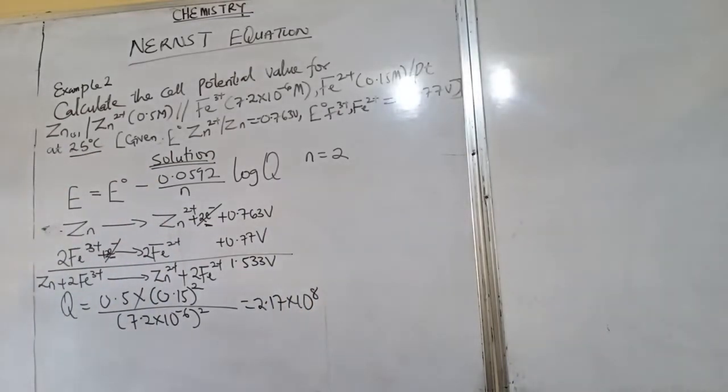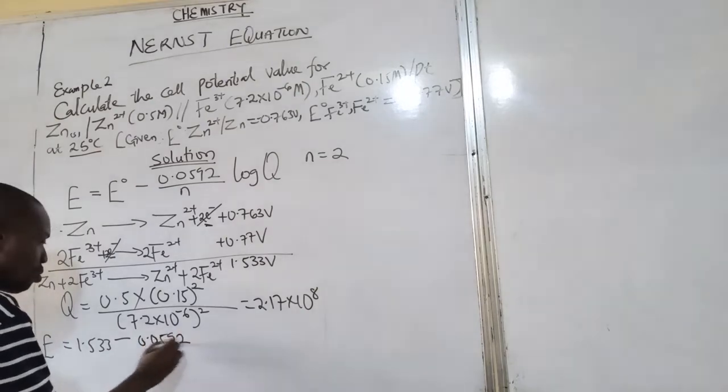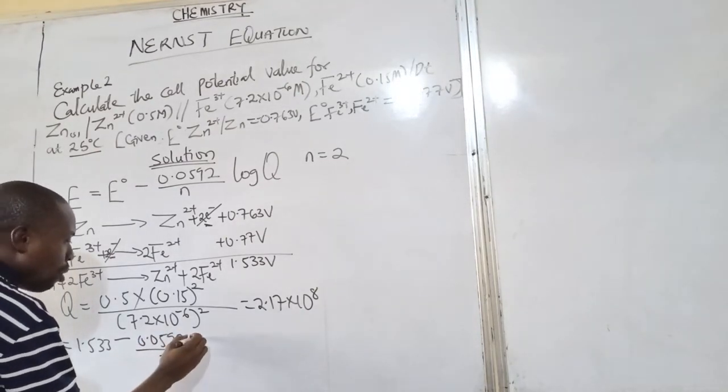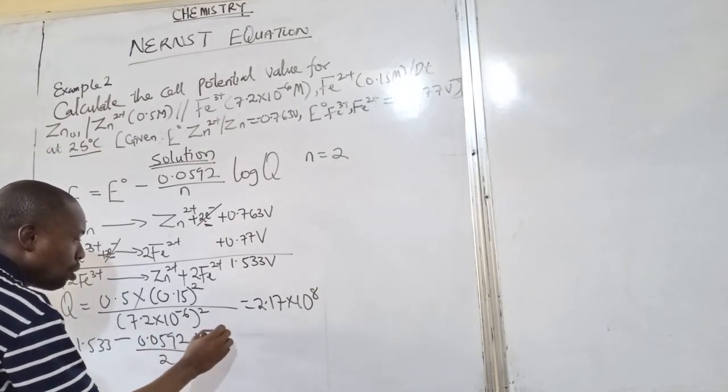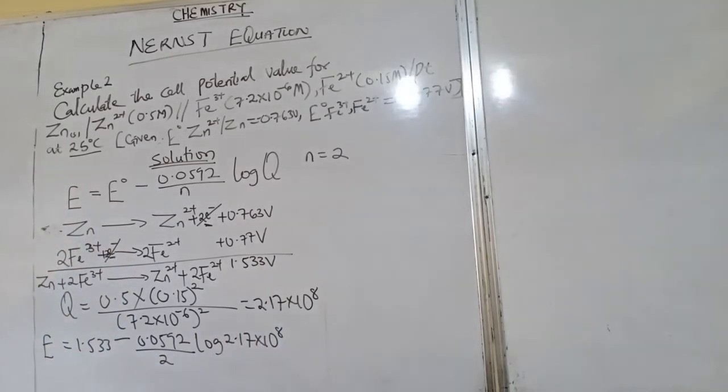So move straight away to the cell potential, which is E is equal to the standard, which was 1.533, minus 0.0592 over 2, multiplied by log 2.17 times 10 raised to power 8.